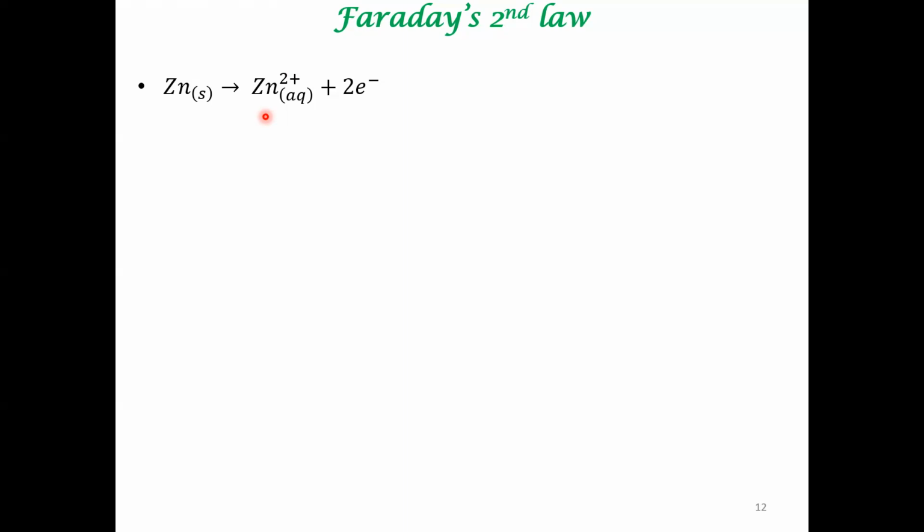These are all alkali metals, and you have a single positive charge associated with them. Then when you go to beryllium, magnesium, calcium, the alkaline earth metals, these are divalent cations. We associate two positive charges.